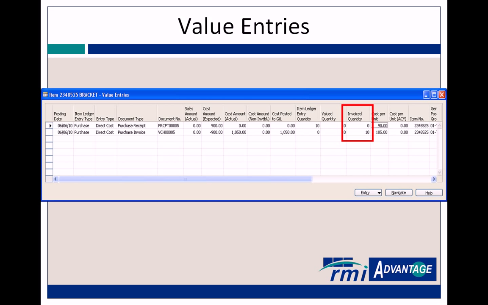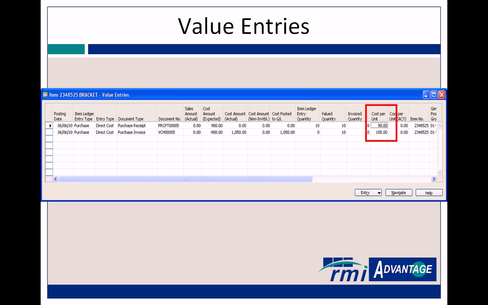The invoice quantity is 10 because in this case we are being invoiced for the 10 from our vendor. And our cost per unit has changed. In our invoice, we definitely know that we're being charged $105, whereas in our purchase receipt, we thought we were being charged $90.